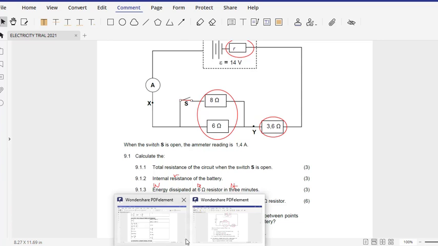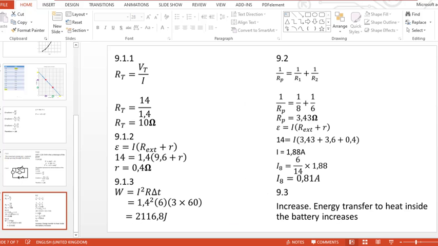That is a simple calculation, and we say that the current through the 8 ohm resistor is going to be 6 divided by 14 times the total current, which is 1.88, and that gives us 0.81 amperes.